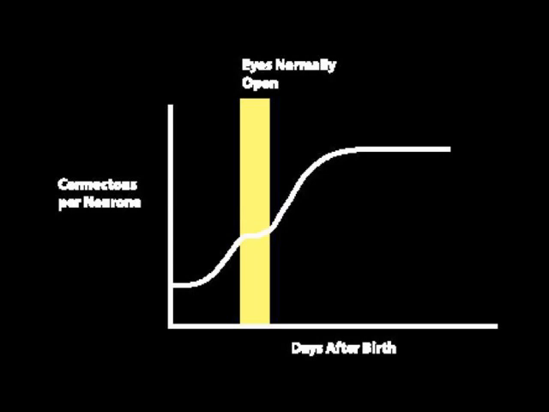And you can see that in the early days after birth, there is an increase in the number of connections in the optic cortex. The complexity of the structure is increasing. But in the yellow period, when the eyes open, and immediately following the yellow period, there is a huge increase in the complexity of the optic cortex, which follows the first sensation of light after the eyes open.